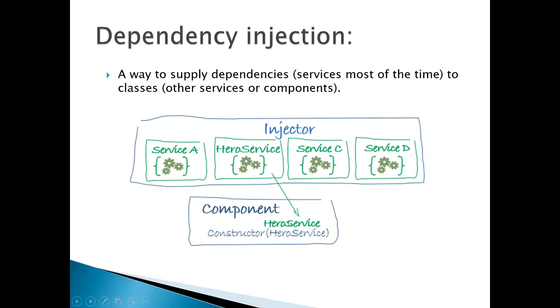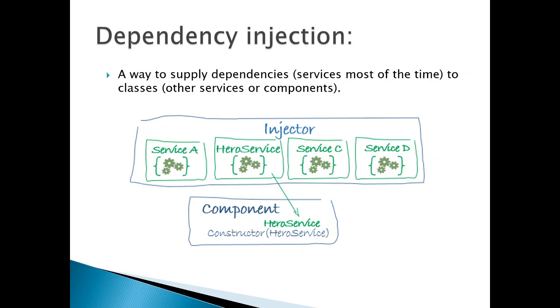By putting that into my constructor, we are creating a dependency injection. In this way, this component will contain all the functionalities that this service has. So it can call any method of this service to get some data from that service. So this is the way with which we can provide the dependency injection.